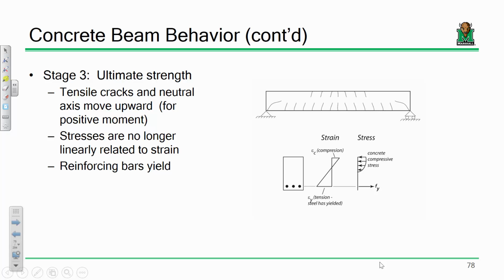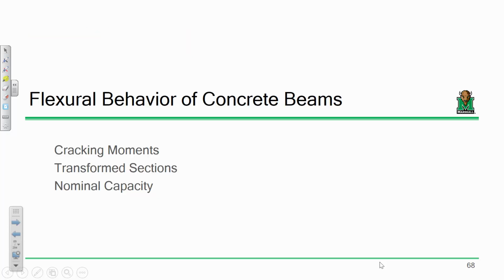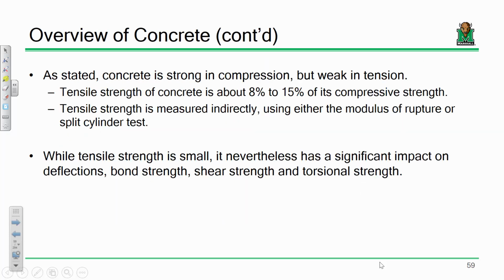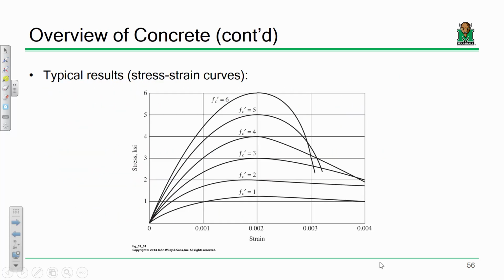Well, I want to go back a few slides, and I want to pull this up. Y'all remember that? This is the stress strain curve for concrete for various different compressive strengths. And regardless of what compressive strength I'm talking about, that's about what our stress strain curve looks like for concrete, right?